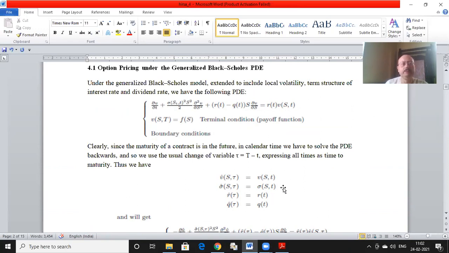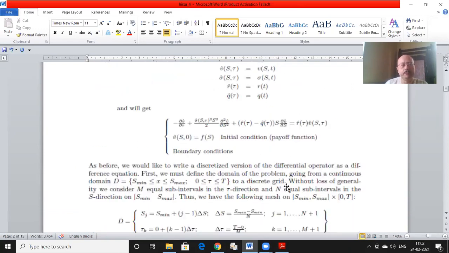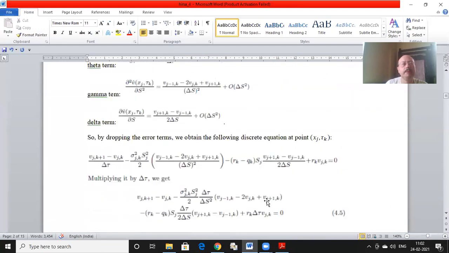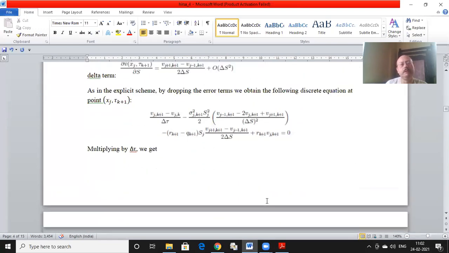I said that for the time being, let us assume that the boundary conditions are fully known, and then try to solve the system. I said that we assume boundary values are known, and that we will discuss later. So now let us come back to the boundary condition discussion.